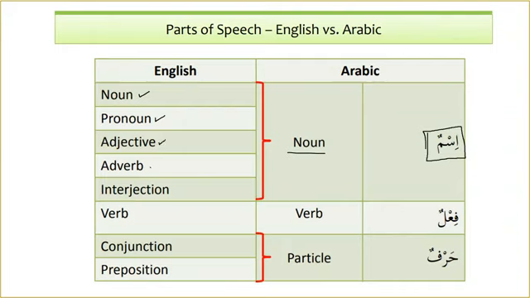It also covers adverb like dharf, like before or after. And similarly, interjection and conjunctions like we have the ta'ajjub and we have exclamations. So all of them will be part of noun. So noun is very rich in Arabic language. As we can see, it covers everything. So basically we call them noun. However, when we look at them separately, they will be pronoun or adjective or adverb or interjection.